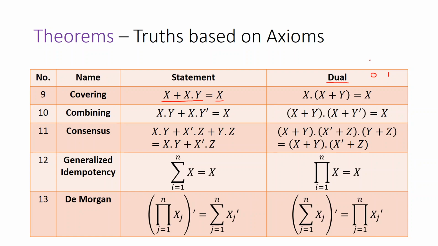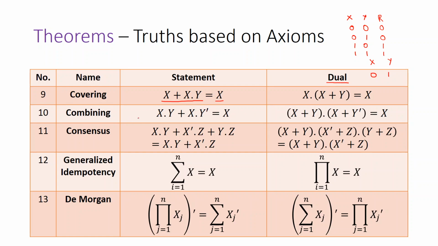So if you have x and y, you have all these possible combinations of values, and you evaluate the left hand side to see what you get as a result. If this is the result on the right hand side, what you get will be the same as x, so in that way you will be able to prove these statements.